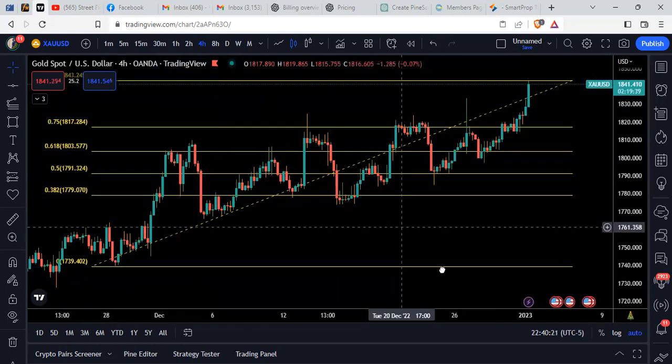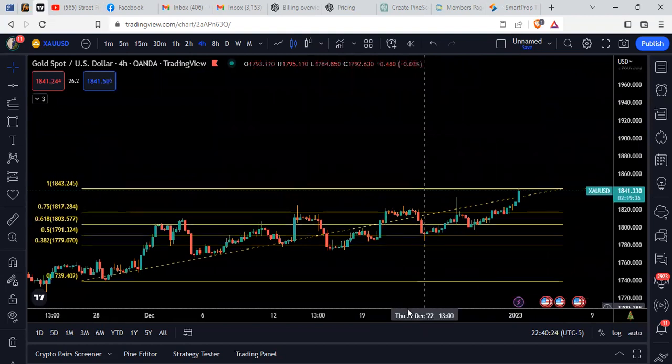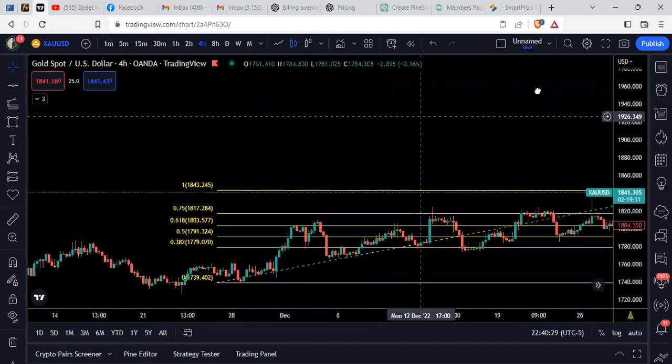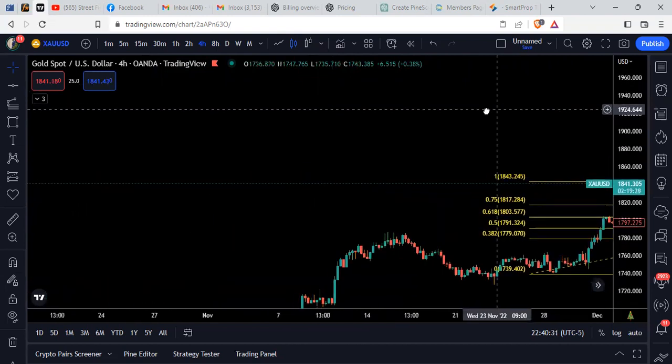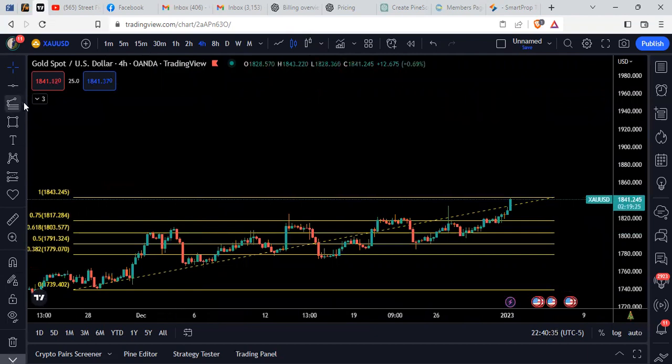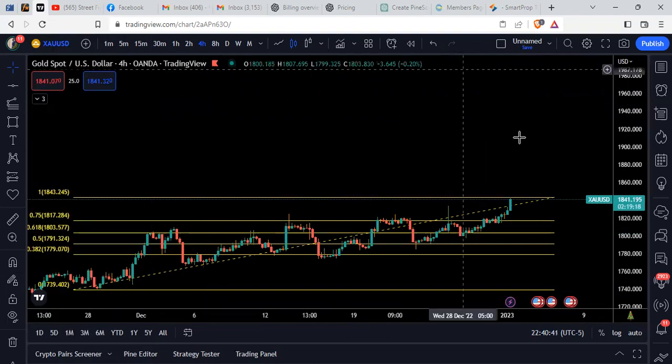For example, we know we're in a bullish market right here, but when we look to the left, we can't see nothing. So if you want to find your targets, you pull out your Fibonacci extension tool.